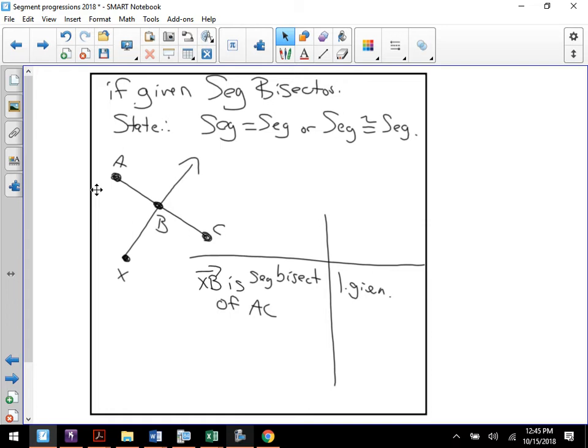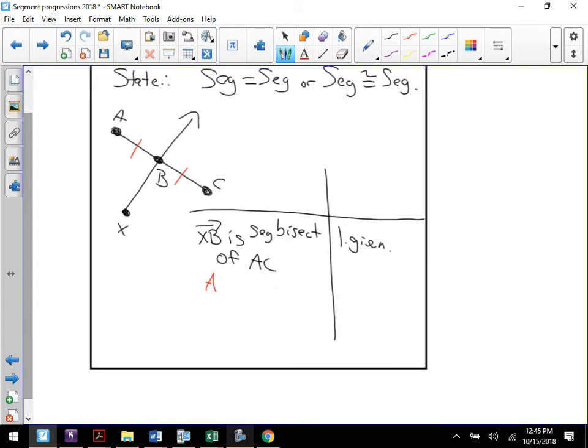AB and BC. You're using the definition of something you know. Mark a diagram and then state it. Well, AB equals BC. What do you think the reason is? Take a guess. Yeah, it's that literal. Definition of segment bisector.